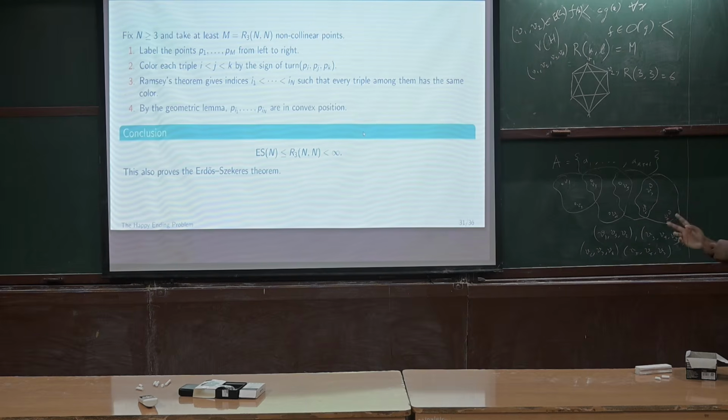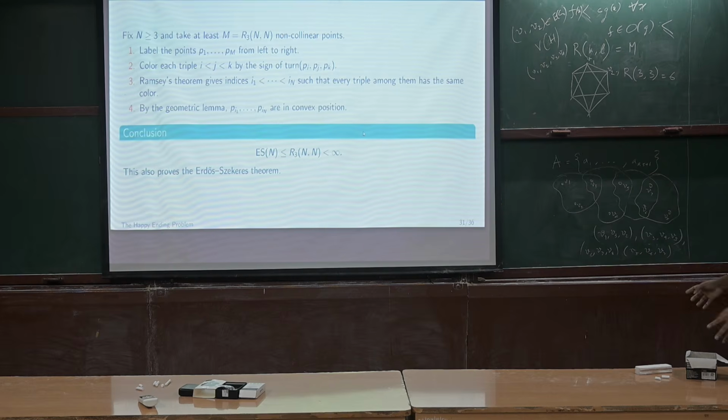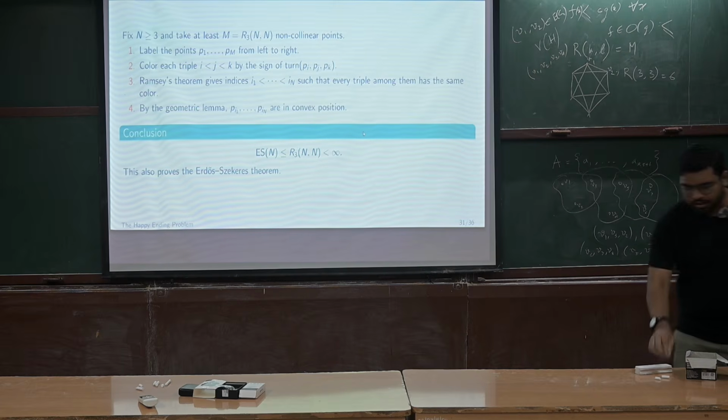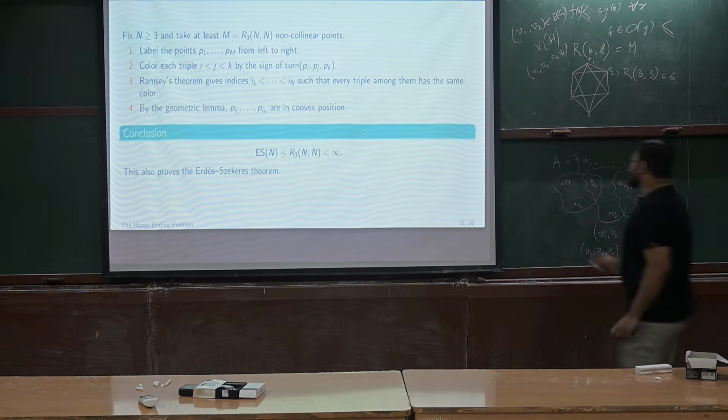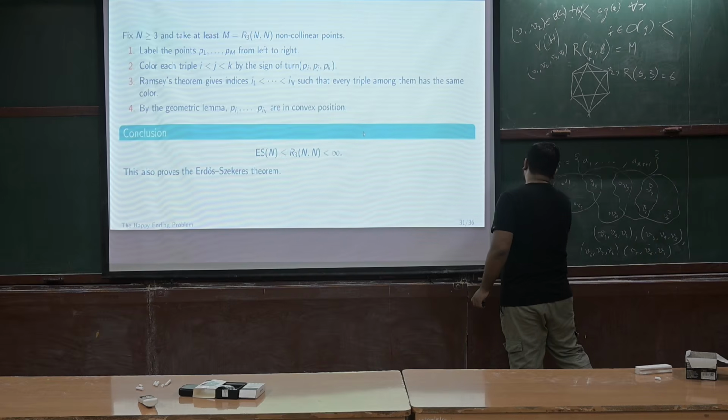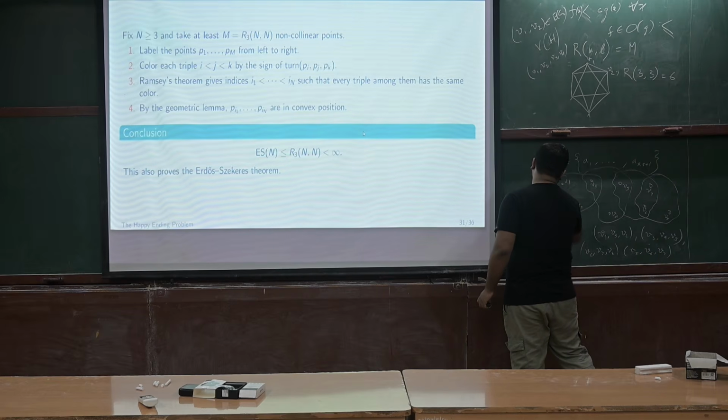Ramsey's theorem for triples says that given indices i1 through in such that every triple among them has the same color, then by the geometric lemma, all of these are in convex position. So the idea is to take m equals R3 of n comma n.